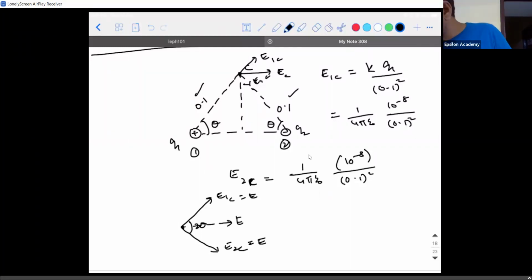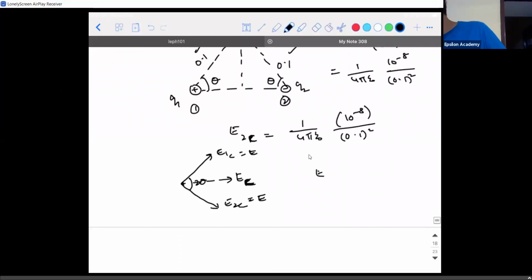So this is the resultant ER or EC. So EC will be equal to, how much is this angle, guys? This is theta, this is also theta. So EC will be equal to E cos theta plus E cos theta.